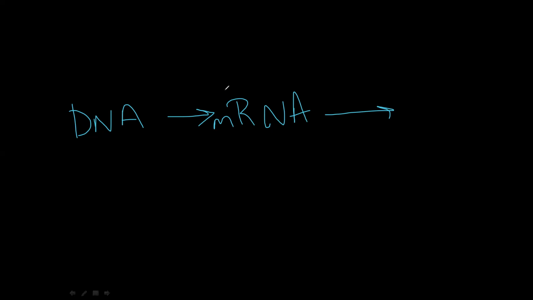So we transcribe it into RNA in order to convey this message. And now once it's in a readable form, we can truly understand it and then go on to make our protein. And so going from DNA to RNA, we call transcription.